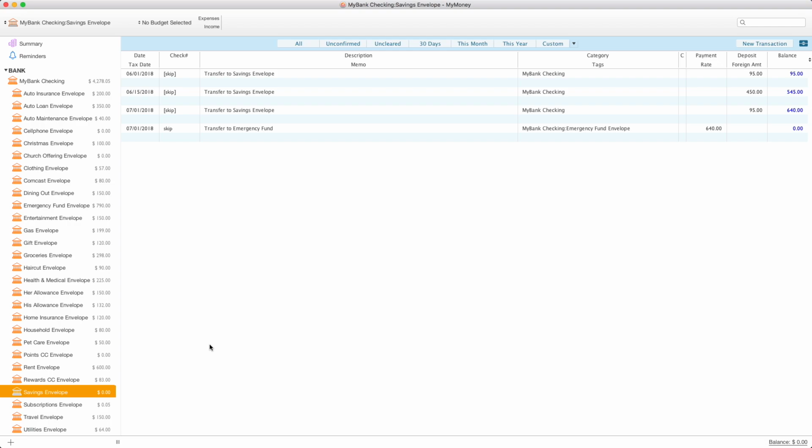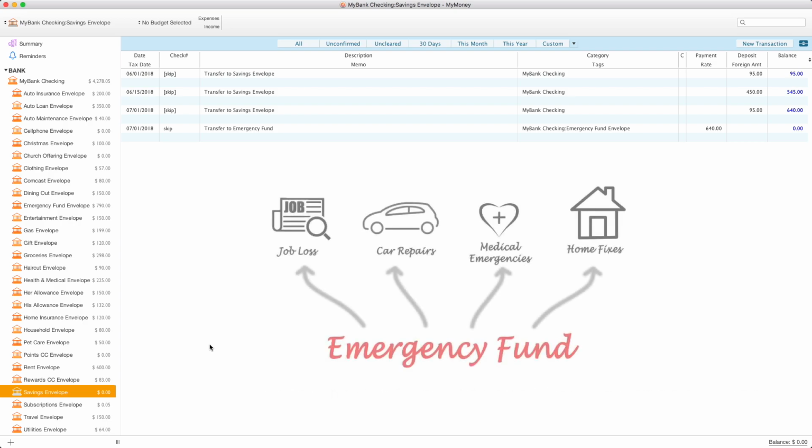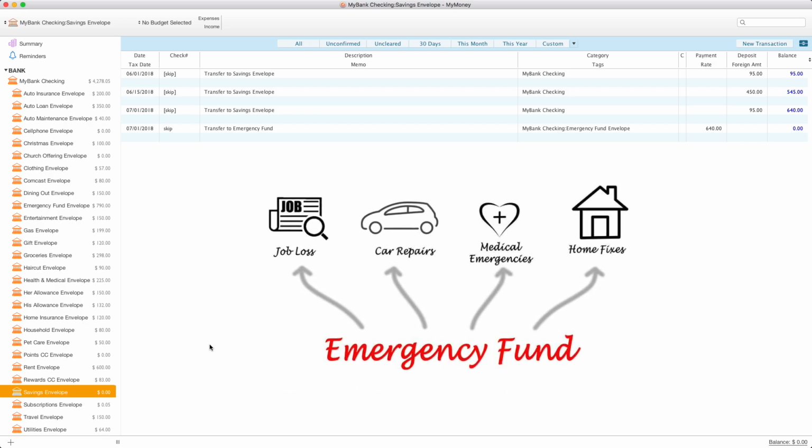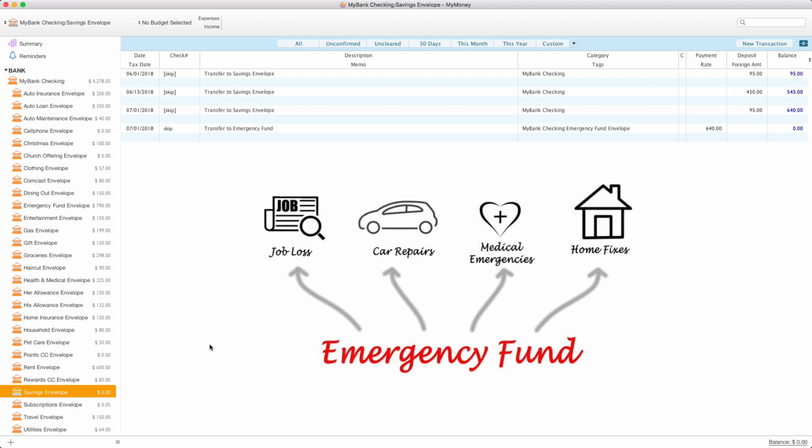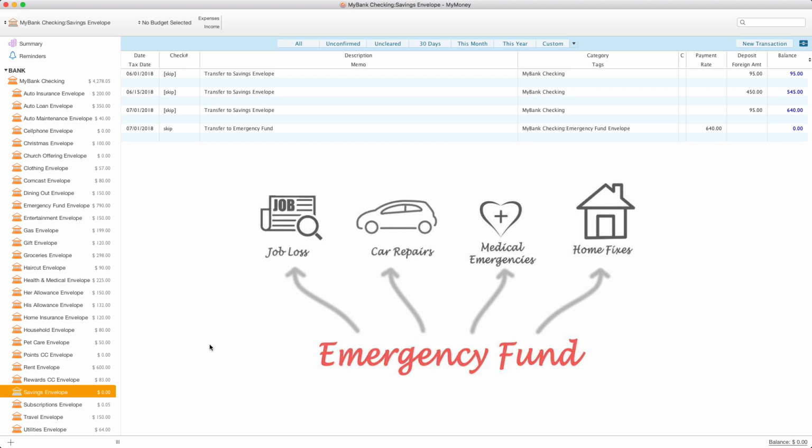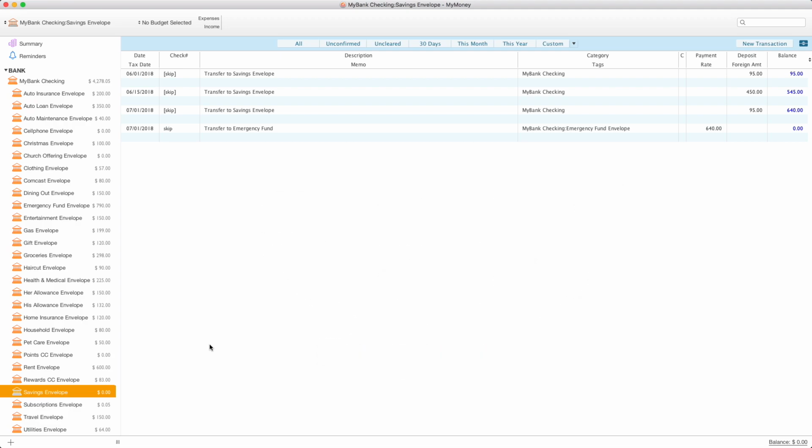Once you've got that 1,000, and then you have your debt snowball and you pay off all of your other debt, then you want to build that emergency fund up to between 3 to 6 months worth of expenses. You have money set aside in case of a job loss or some kind of a catastrophic situation occurs. You've got a good amount of money set aside.